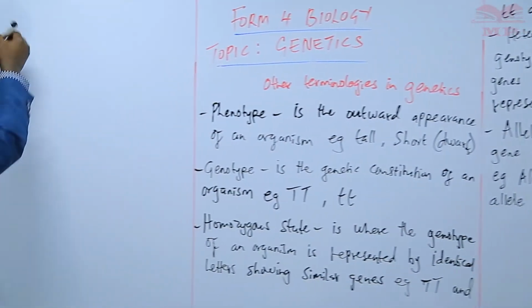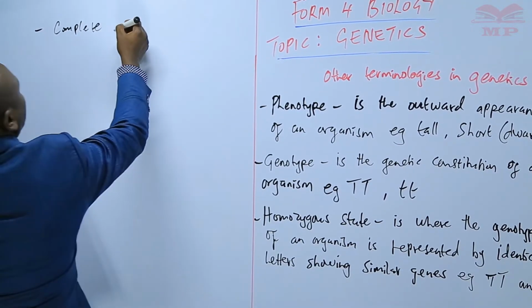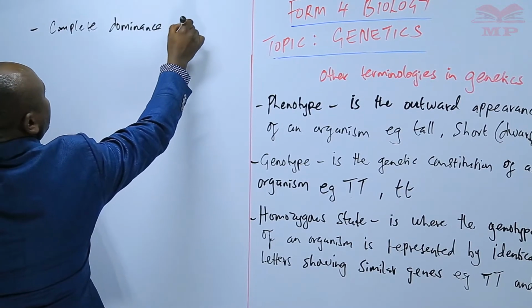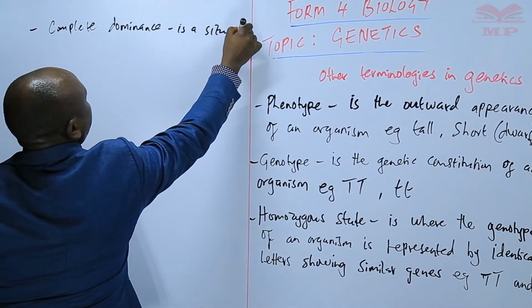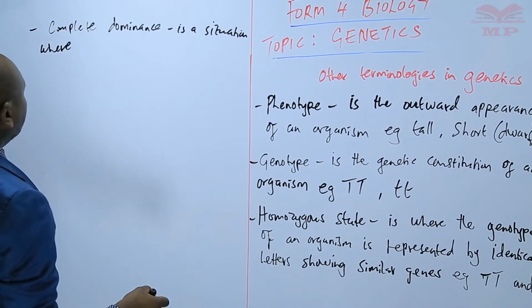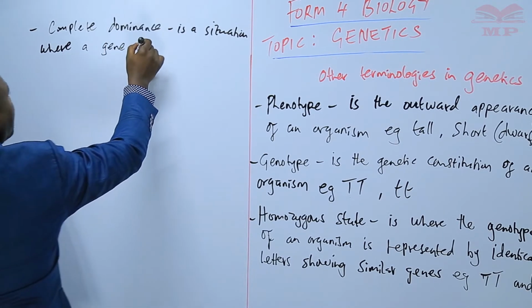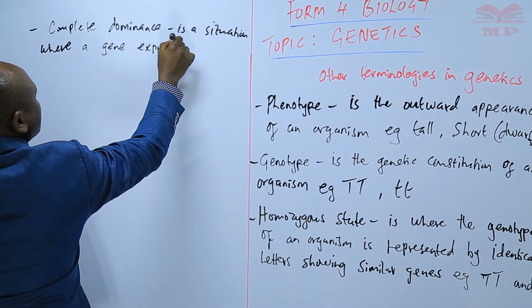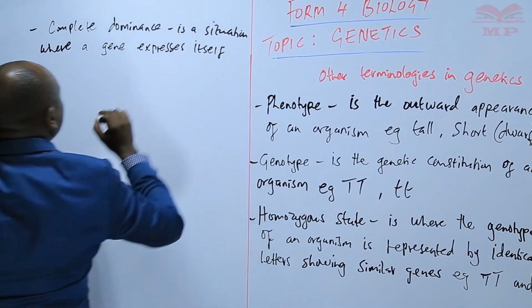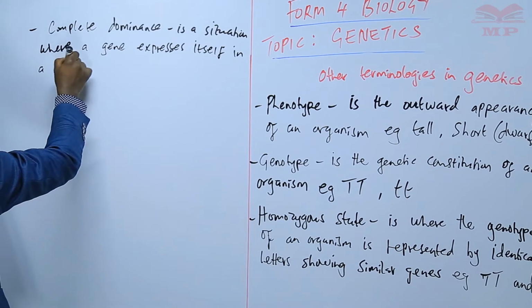Then we have what we call complete dominance. This is a situation where a gene expresses itself in a heterozygous state.